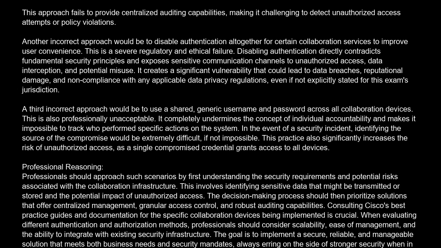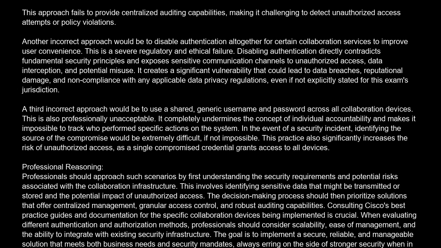Professional reasoning. Professionals should approach such scenarios by first understanding the security requirements and potential risks associated with the collaboration infrastructure. This involves identifying sensitive data that might be transmitted or stored, and the potential impact of unauthorized access. The decision-making process should then prioritize solutions that offer centralized management, granular access control, and robust auditing capabilities.